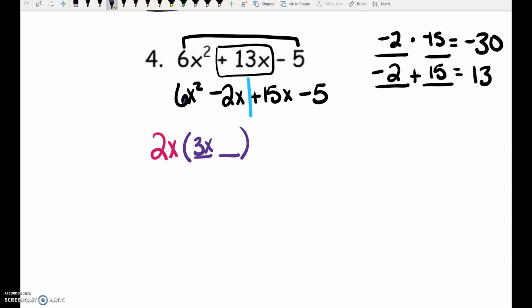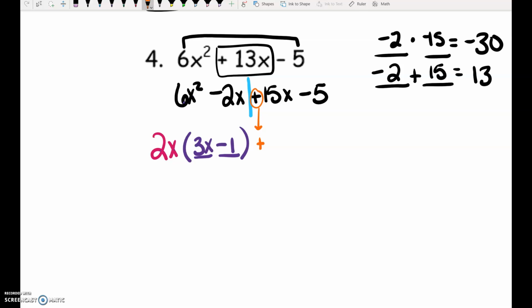Negative 2 divided by 2 is negative 1, and x divided by x is 1. Helpful hint, whatever symbol is right in front of the third term, you're going to use that symbol.